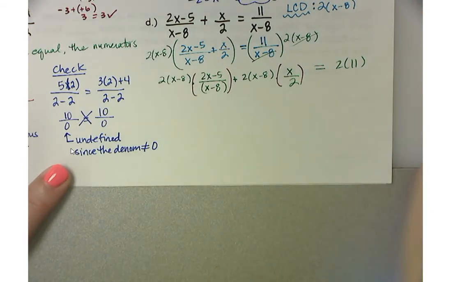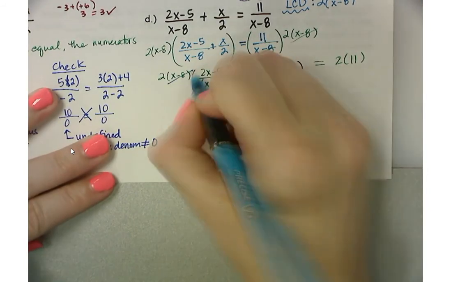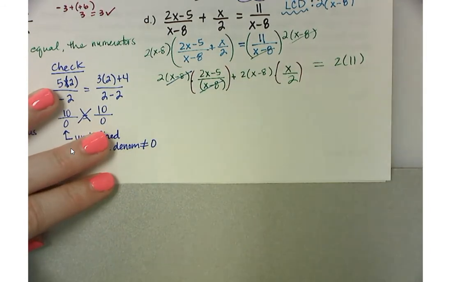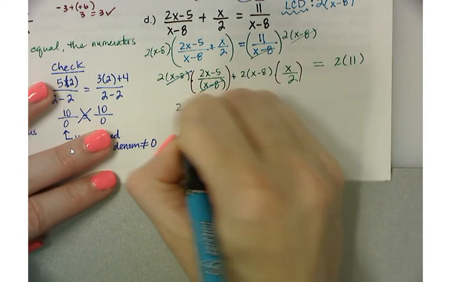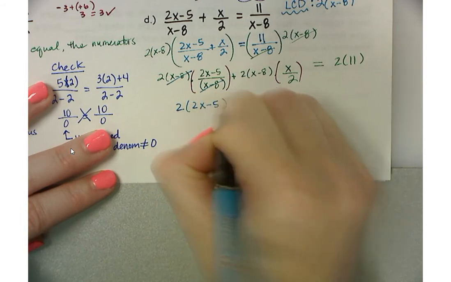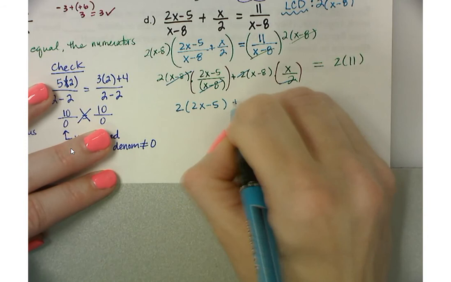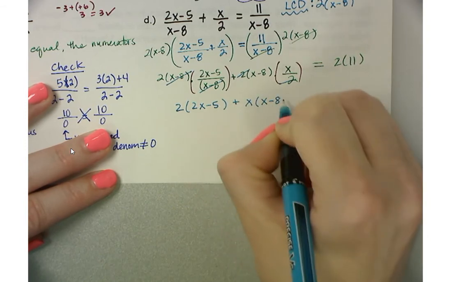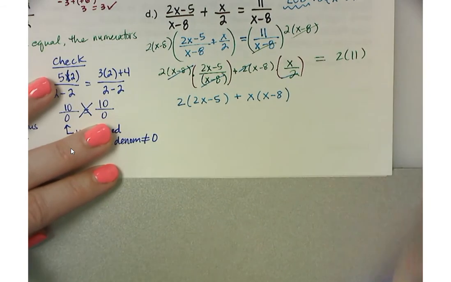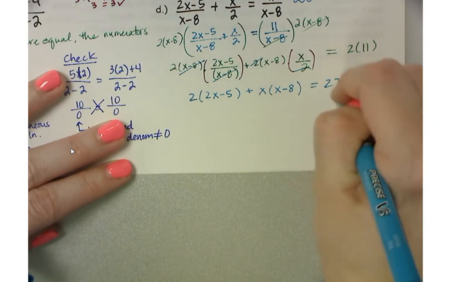Okay, so then I have 4x minus 10 when I distribute, plus x squared minus 8x. So once you see there's a combination where you have x's and x squared, that should be your hint that you're going to end up doing what? Factoring.